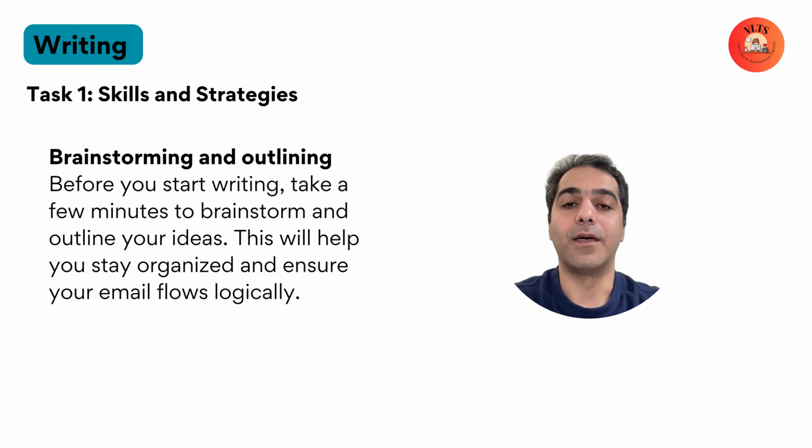So, the reason that I ask you to do the brainstorming and outlining is to be always organized. It just takes you 1 minute to brainstorm your ideas and outline them. Then your information flows logically because you know where you started and where you want to finish, what points you want to talk about, and what points you're not going to talk about based on the task requirement.